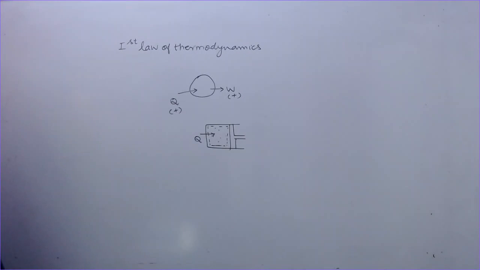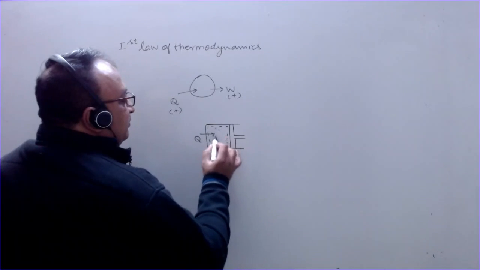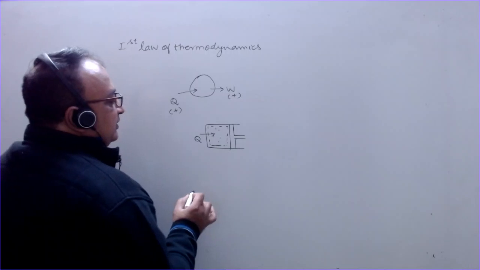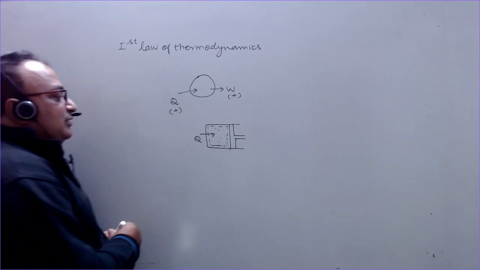We assume practically the gases which are contained in the cylinder to be ideal. As a result, the energy of the molecules of the gases will increase, and we take into account the energy like kinetic energy, vibration energy, rotational energy, magnetic energy. There are many types of energies, potential energy. So their energy increases.